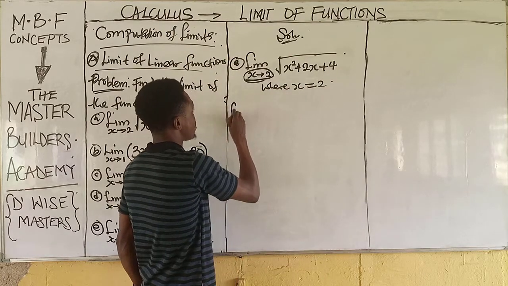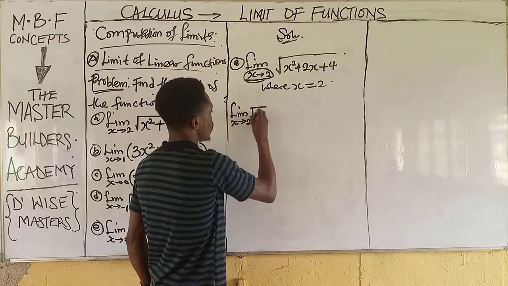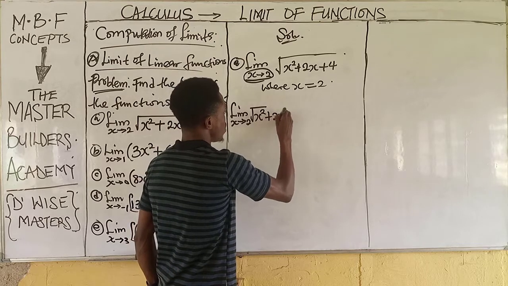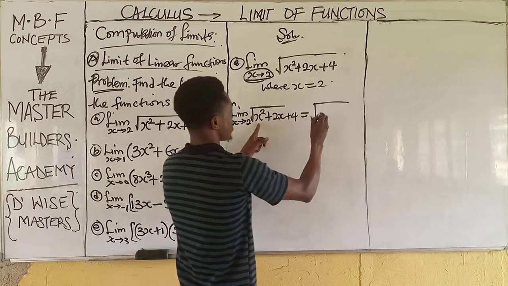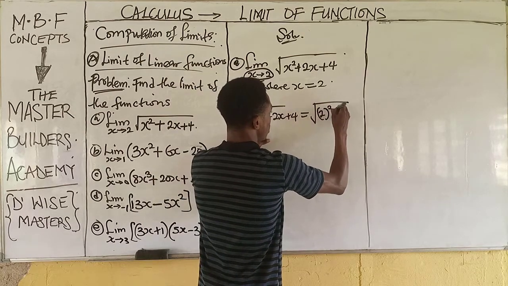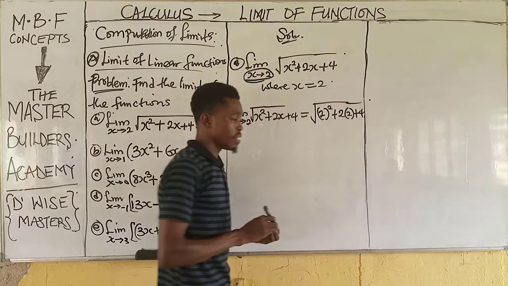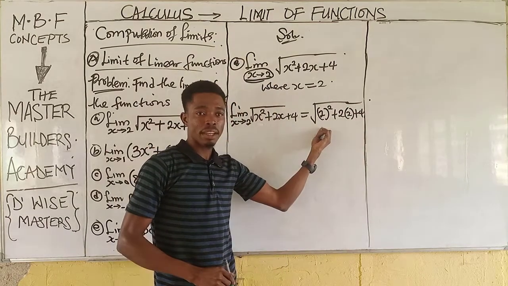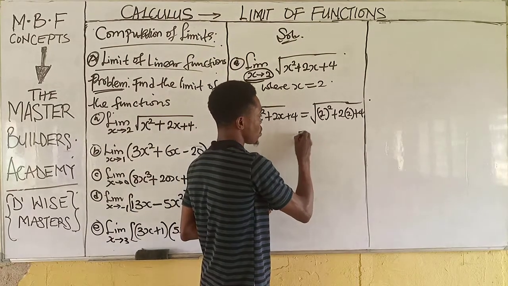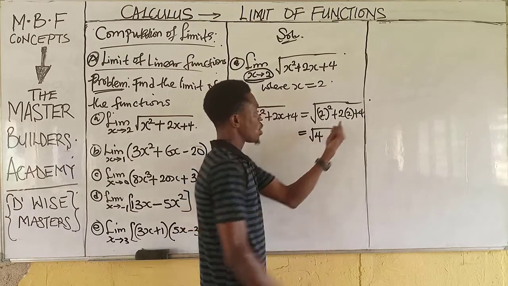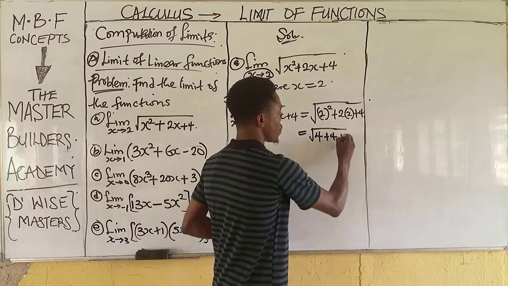All I need to do is to have my limit as x tends to 2 of the root of x squared plus 2x plus 4 equivalent to the square root of 2 squared plus 2 times 2 plus 4. Now 2 squared means 2 multiplied by 2, and that gives us 4. Now 2 multiplied by 2 is 4, and plus 4.